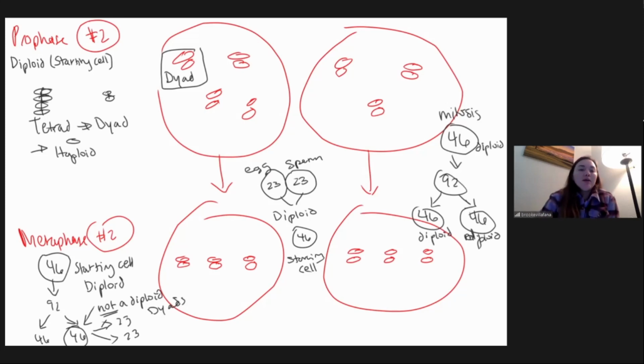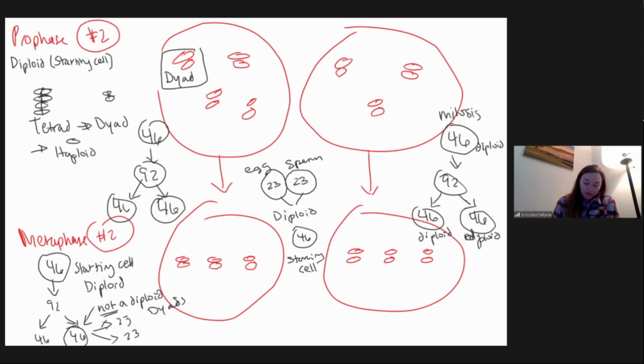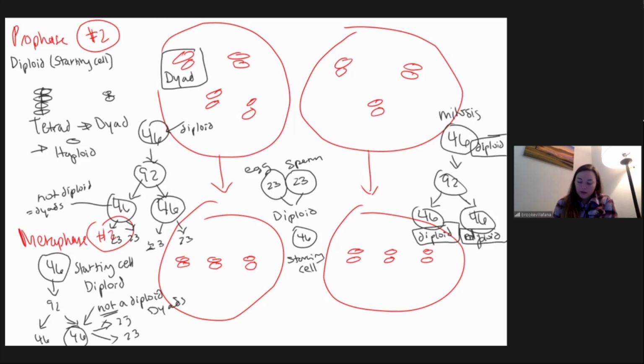Does that make sense? Not the second. If this is meiosis, remember how meiosis does this and then goes 23, 23, 23, 23. This is not a diploid. This is a diploid. These are called dyads. Does that make sense? So in mitosis, everybody who's 46 is a diploid. In meiosis, only the starting 46 is a diploid, and then the dyad would be the second 46.